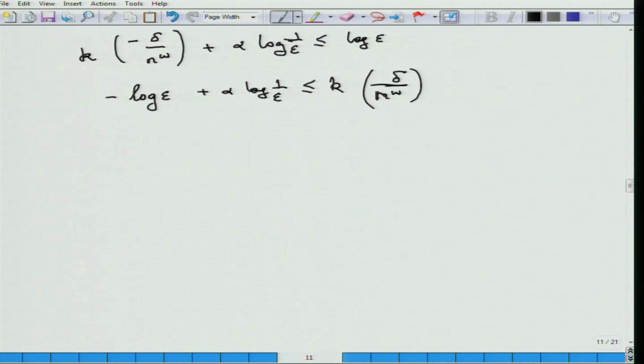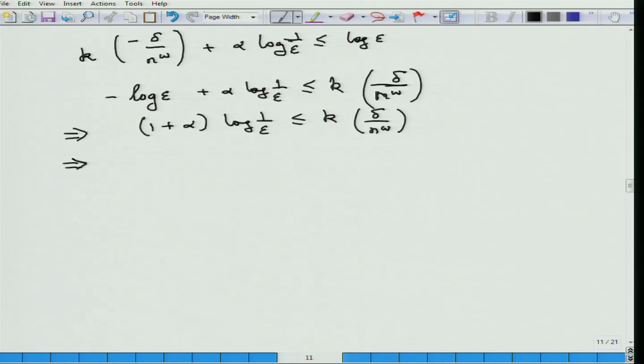Which implies that minus log epsilon is log of 1 by epsilon. So, 1 plus alpha times log of 1 by epsilon is k times delta by n omega. So, it implies that k is greater than or equal to 1 plus alpha times n omega by delta into log of 1 by epsilon, right.